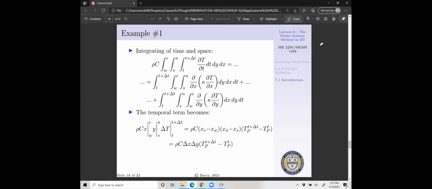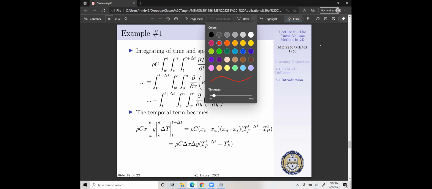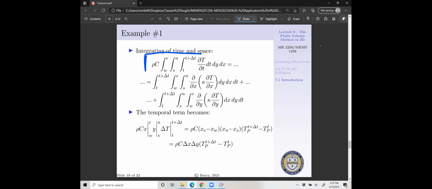Now let's look at our temporal term first, because we have pretty good experience with this from lecture 4. So rho and c are constants. And in this particular situation, we are integrating t with respect to t. So we have no y in this equation, we have no x in this equation, right? So our outside integral, we're integrating from west to east of dx.